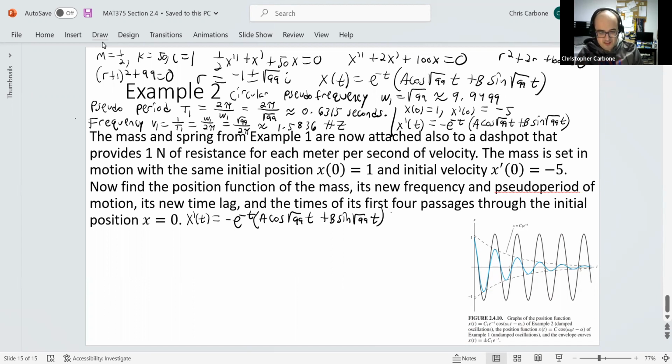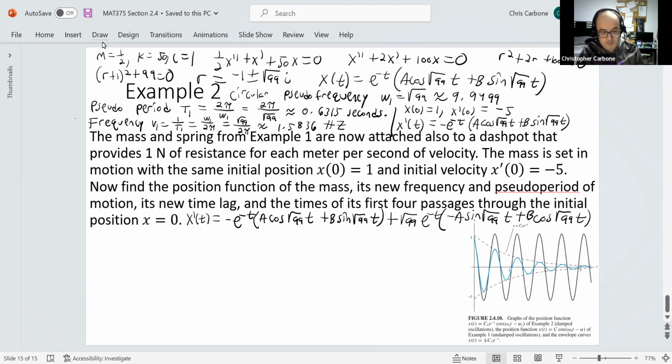The second half adds the square root of 99 times e to the negative t times negative a times the sine of the square root of 99t plus b times the cosine of the square root of 99t.